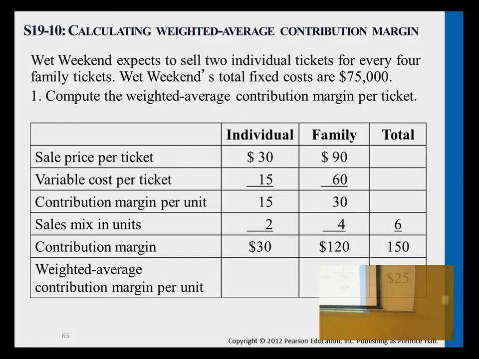Got it? Weighted average contribution margin, 25. Makes sense? The total contribution margin is 150, and how do you get 25? You divide it by the total number of units. So I'll divide contribution margin by units, and I'll get contribution margin per unit. So can you give us another problem? Sure. Yeah.